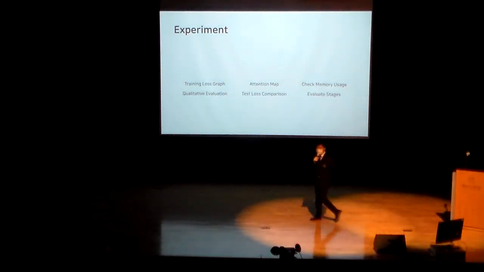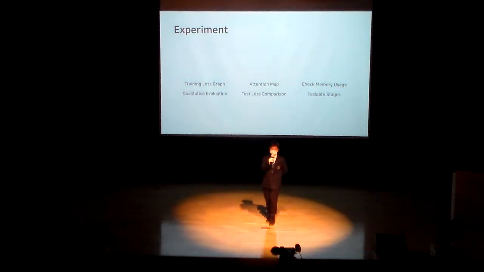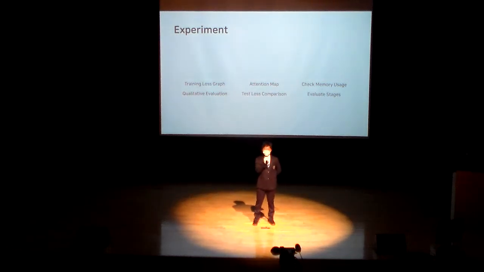With this hypothesis, I did 3 experiments. First is to check the validation loss graph of 3D attentional GAN's training and do a qualitative evaluation of 3D attentional GAN's results to find out if it is possible for attentional GAN to create voxels.